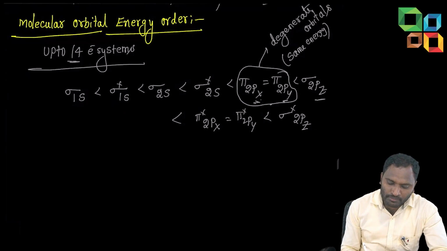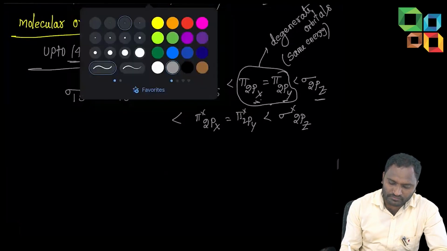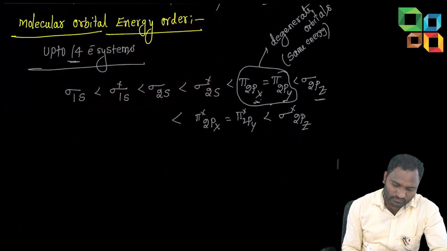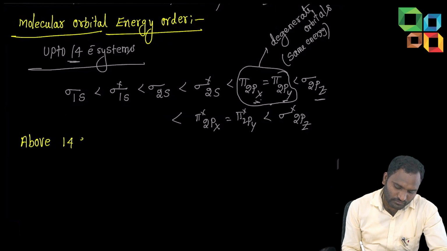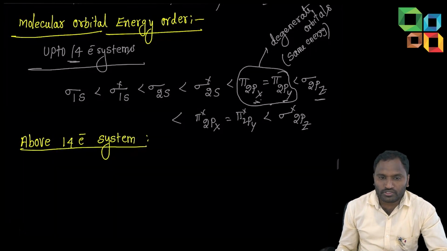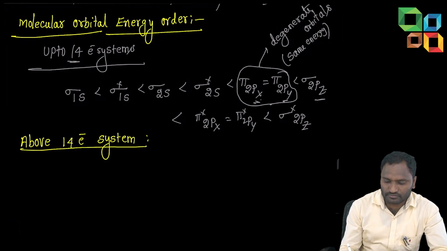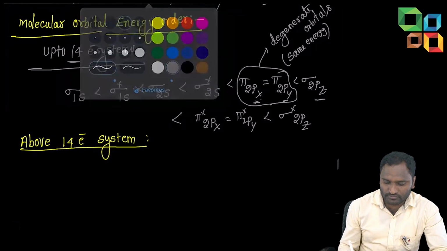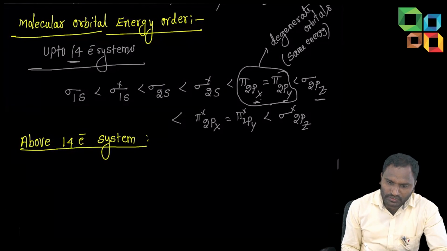Next one, above 14 electron system. Nothing is there, students. If you know the above one, this one is easy.